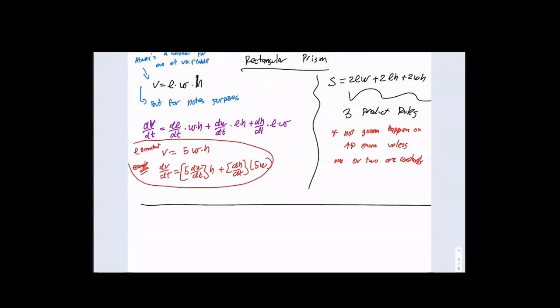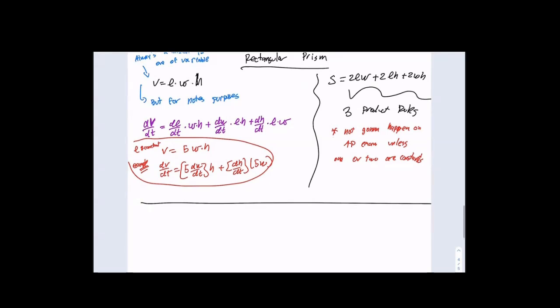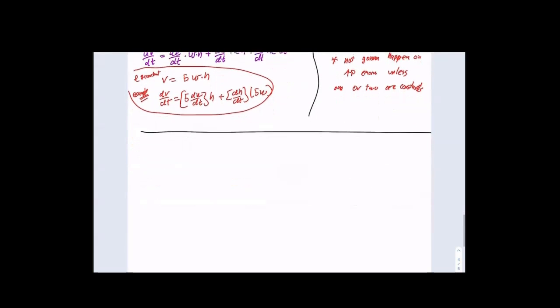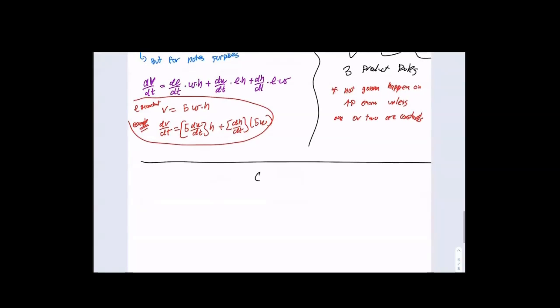Next one. What was the next shape? A cone. Is that the last one? Yeah, so that's the cone.